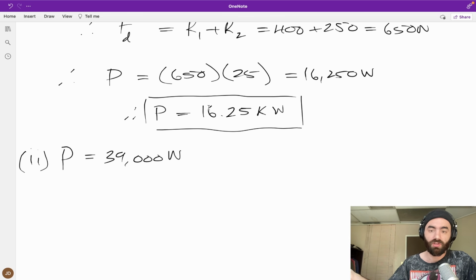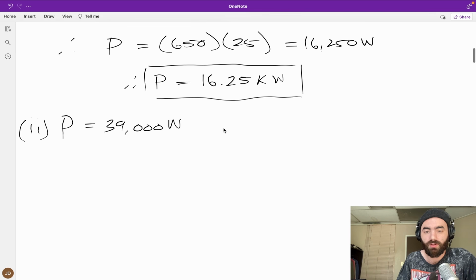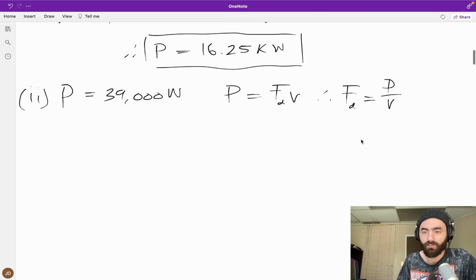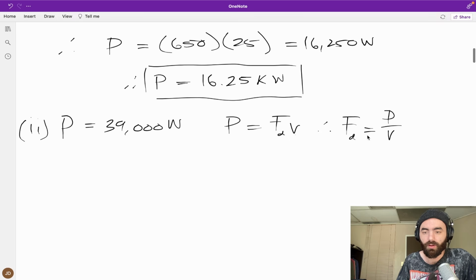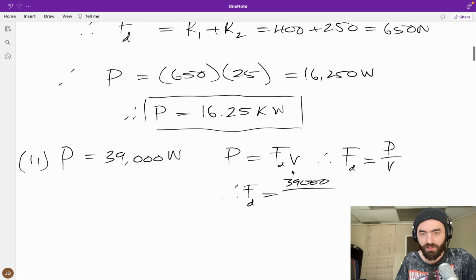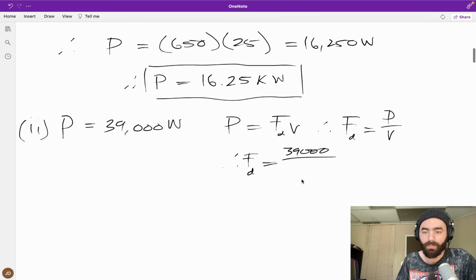The velocity, because it's instantaneous, is going to be the same. So the new driving force, because power equals Fd times V, therefore the driving force equals power divided by velocity. So the new driving force, which we'll need, is going to be 39,000 divided by the velocity, which was 25, because it's instantly changing.